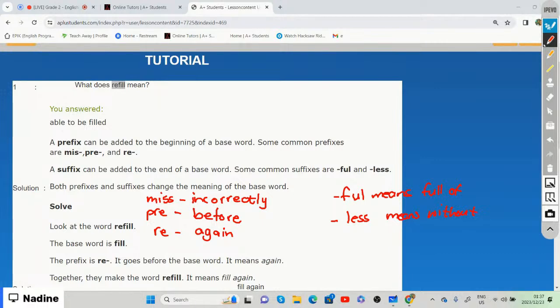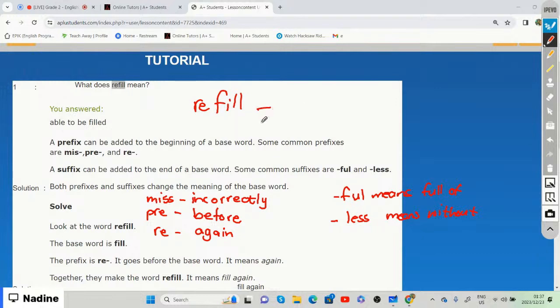So if we look at the word refill, our base word is full, firstly. The base word is full. But now what does refill mean?